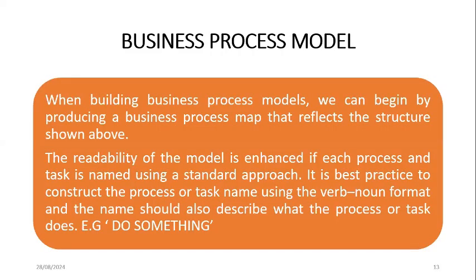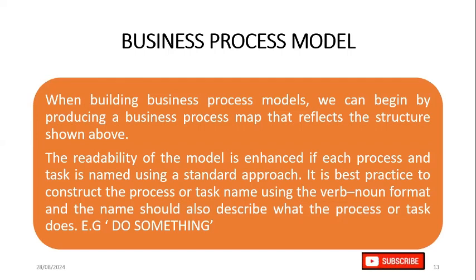So let's move quickly. When you are modeling a process, we are not just giving a high level, we are drilling down. We can start by producing a map, because a map is just like a straight line diagram. It gives us an insight into how we can quickly sketch what a model looks like.